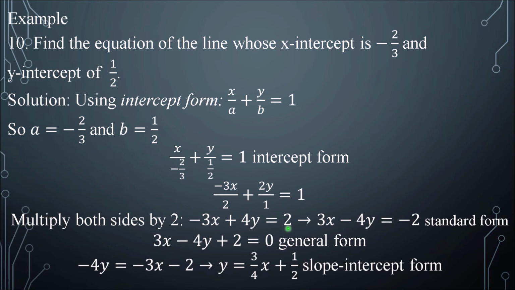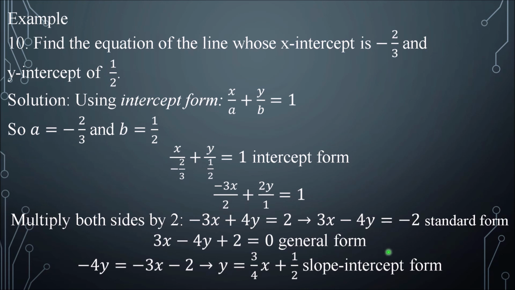And then multiply all sides by negative. So we have 3x minus 4y equals negative 2. So this must be the final answer. Take note that the coefficient of x must always be positive. So that's the standard form. Now, in changing this to general form, we transfer negative 2 to the other side. So 3x minus 4y plus 2 equals 0. So this is the general form.